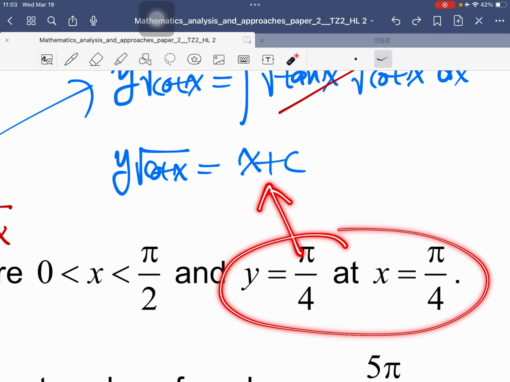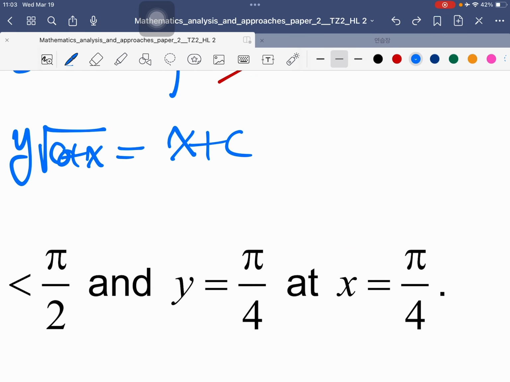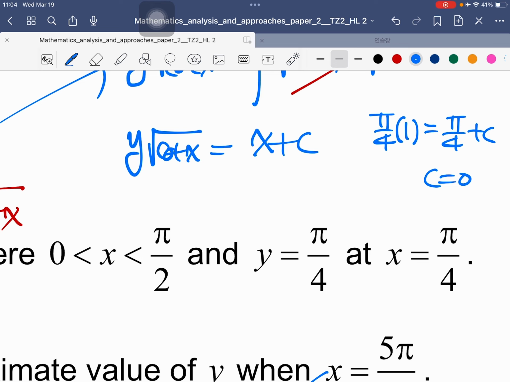So directly putting that coordinate there, y is pi over 4. Pi over 4 times the square root of cotangent of pi over 4, which is 1, equals x plus c. x is pi over 4, plus c, so c equals 0. So c becomes 0, and we can just get rid of it.